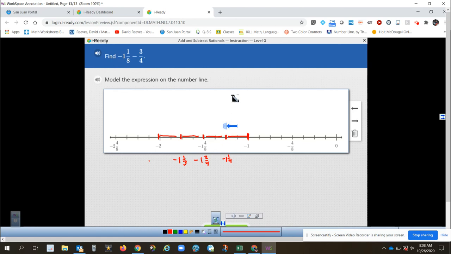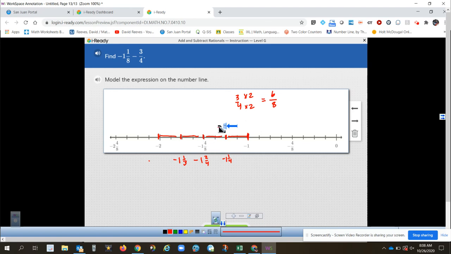Now again, fourths and eighths. If I have to go 3/4 and I want to do that in eighths, I have to multiply by 2. 3 times 2 is 6. So what I have to go is 6/8 from there, right? 6/8.